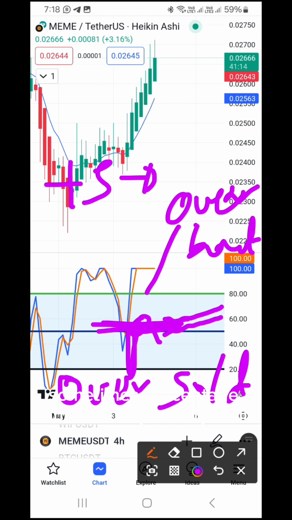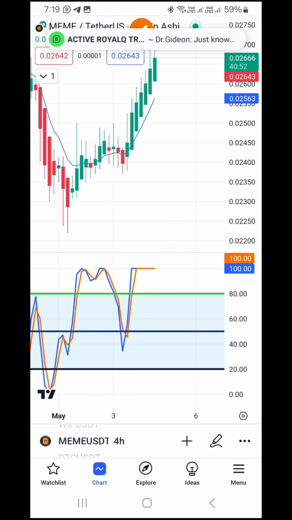Sometimes the percentage shows it to you very well. If the coin has not gone above plus 10, it is okay. Even if stochastic RSI is in overbought, but the coin hasn't shown that it is above plus 10, that coin is still okay. You can trade it. So the conditions, we've met them.